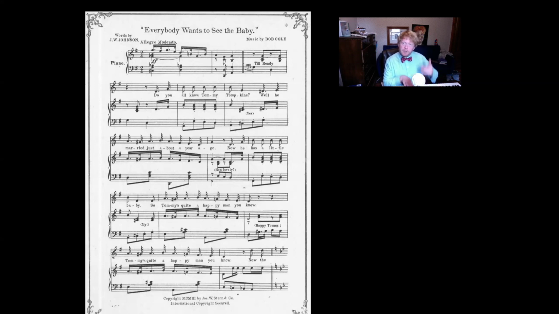Now at this point, I think we should switch to D major solfege. So Tommy's quite a happy man, you know. You could even switch at baby. So if we switched at baby, it would be la, re, re, so, fi, so, la, so, fa, mi, re, do.